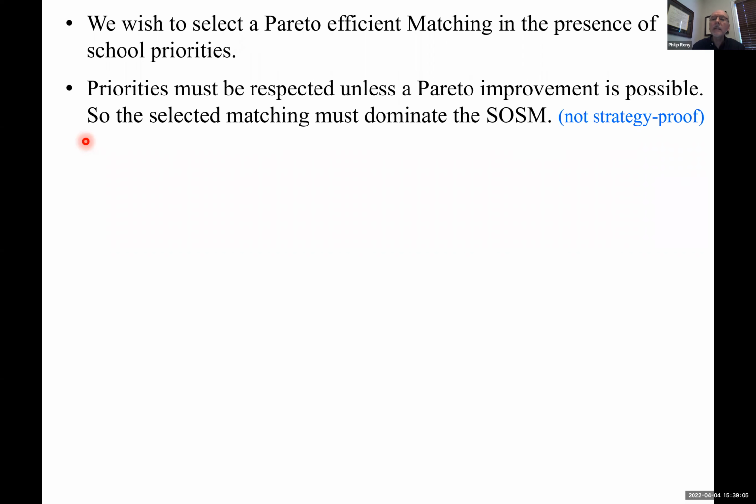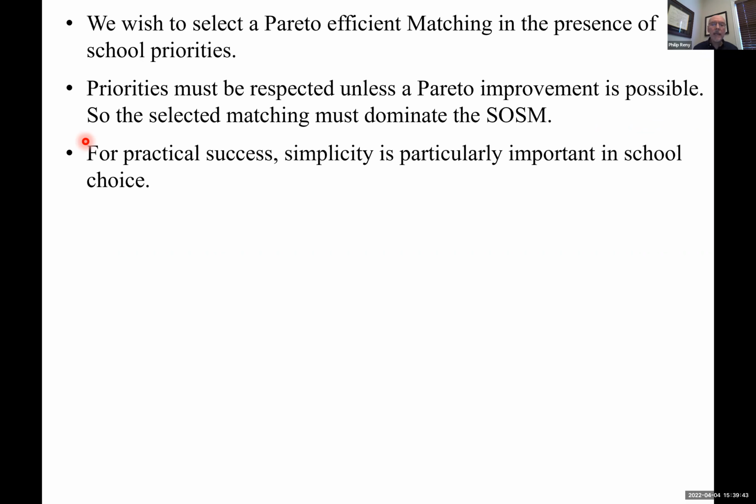Because of that, I'm just going to tell you that there are theorems that say any Pareto efficient mechanism that weakly Pareto dominates the student optimal stable matching mechanism is not going to be strategy proof. So if one is going to do this, you're giving up on strategy proofness, but I'll come back to that at the end. Toward the end, we'll have a theorem that says something about strategic concerns. So bear with me.